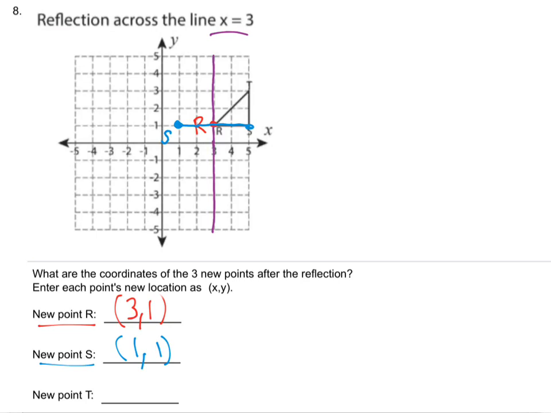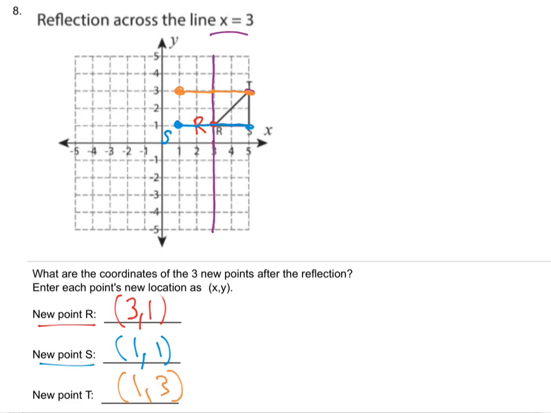And then finally, let's figure out the point T. Here's T. Let me change my color. Here's T, straight at the reflection line. 1, 2. Same distance other side. 1, 2. And so that's right there. And so the coordinates of that point T are what? 1, 3.